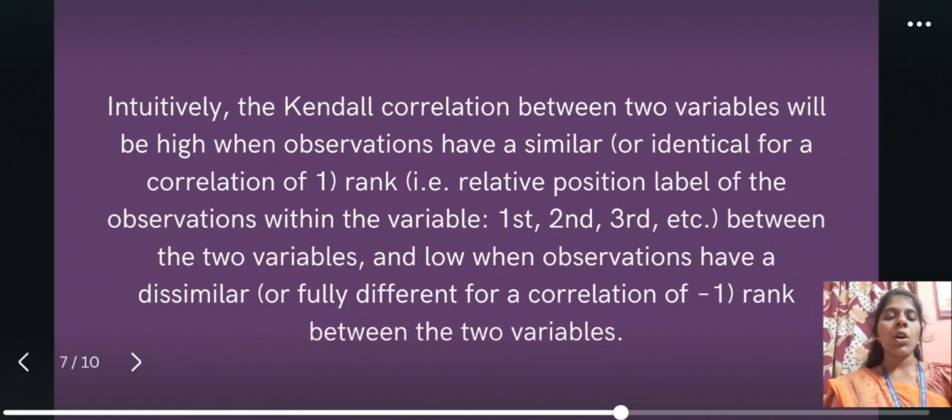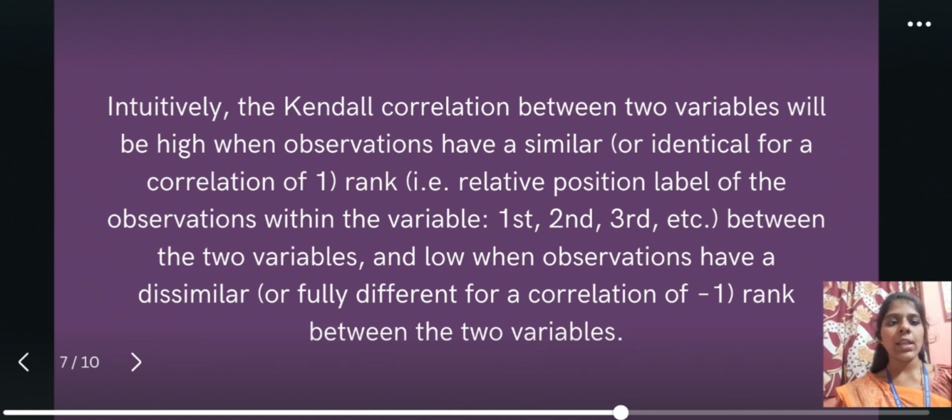The Kendall correlation between two variables will be high when observations have a similar rank, a correlation of 1, relative position label of the observations within the variable: first, second, third, etc., between the two variables, and low when observations have a dissimilar or fully different rank, a correlation of -1, between the two variables.